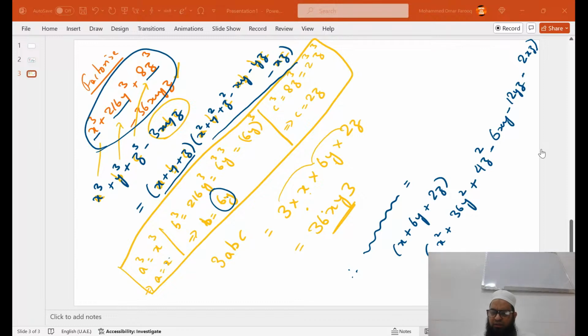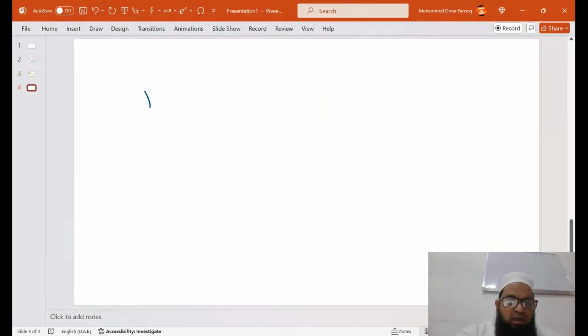Is 1 by 5 x to the power of minus 1 a polynomial? Okay, Zakir Rahman, I think I have explained this in the class. So are you talking about 1 by 5 into x to the power of minus 1? What is x to the power of minus 1?